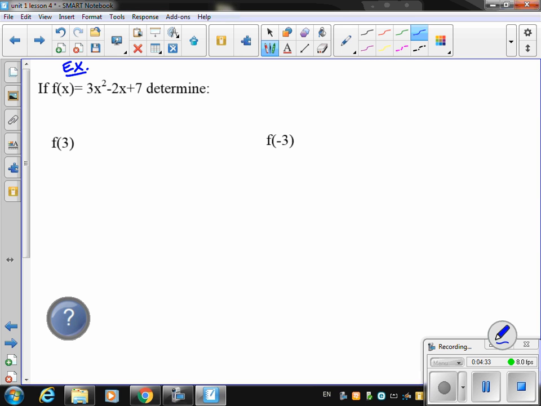This means I have a function, its name is f, and it's a function that uses the letter x. So I have, and you are going to just write this down as a reference, a function named f in terms of, or the letter that I'm using for the domain is x. That's what f of x means.